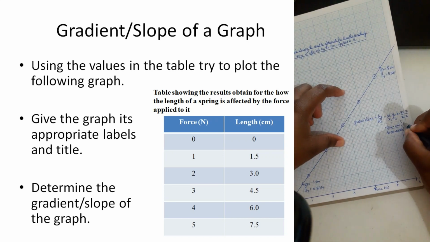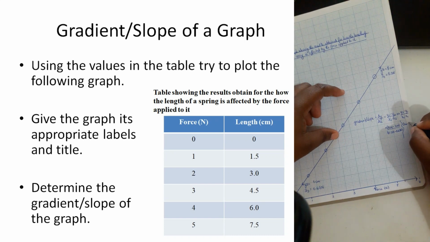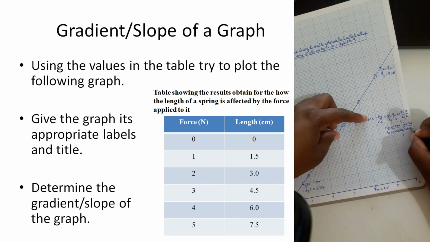And then for this one now, you just switch it around. y2 is 1 centimeter and y1 is 8 centimeters, and x2 is 0.67 newtons, while x1 is 5.3 newtons, right? I ran out of paper.